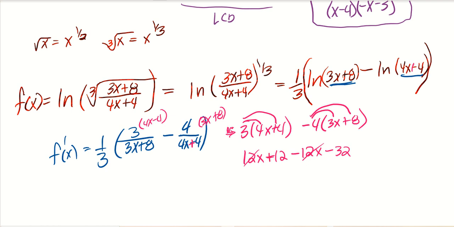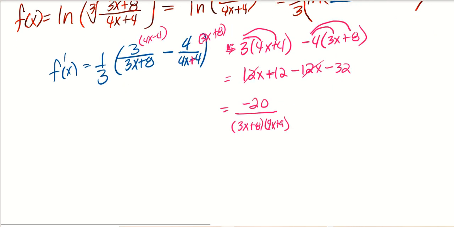So now 12 minus 32 will give us a negative 20. This is negative 20 over (3x + 8) times (4x + 4). Ms. Parker didn't pay attention to what she was writing down.